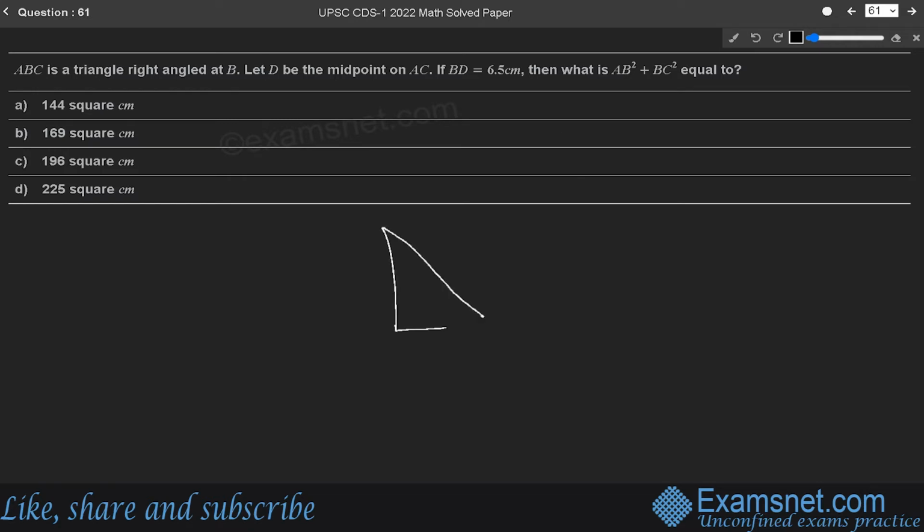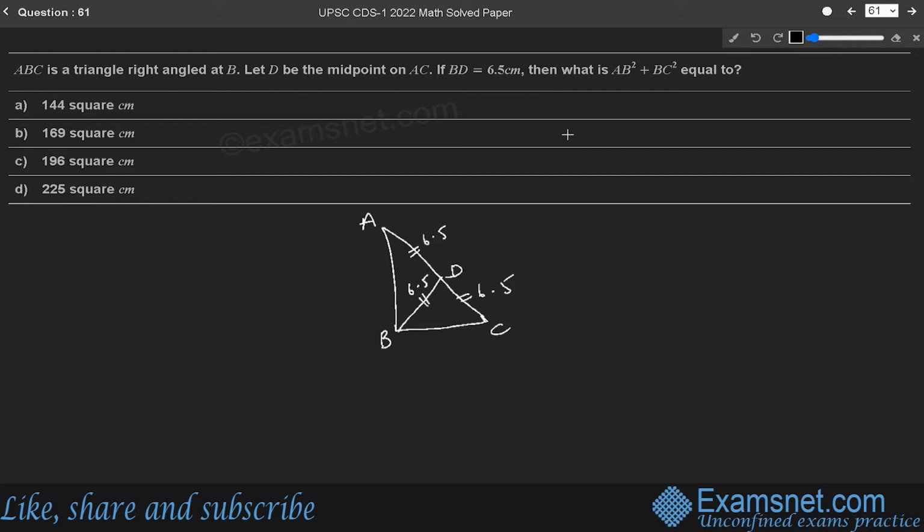So let this be our right angled triangle, A, B, C and D. It is given that D is the midpoint on AC and BD is equal to 6.5. Since D is the midpoint, AD is equal to CD, and both are also 6.5 and 6.5. I hope the diagram is clear to you.